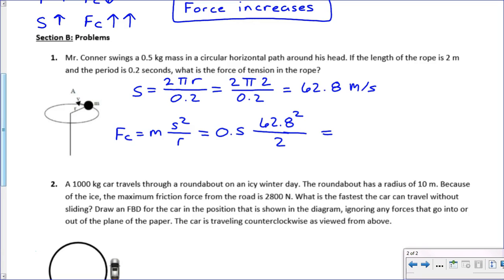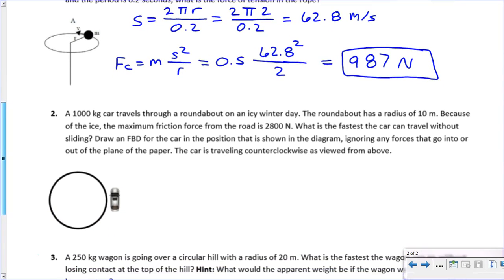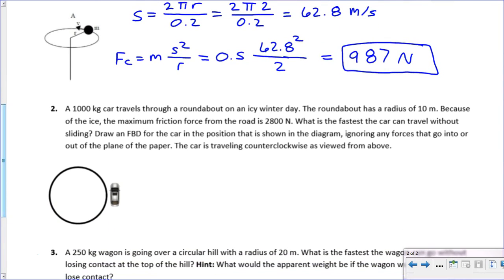And if you calculate that, you end up with 987 newtons. All right. That is the value of our centripetal force, which is also just the tension force in this case, because the tension force is the only force acting in the circle.